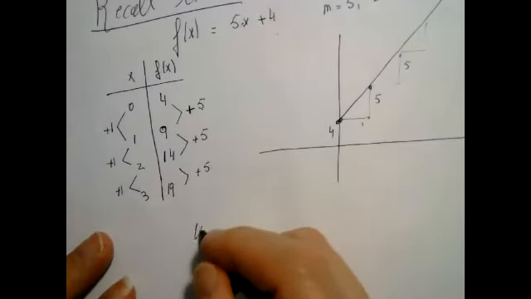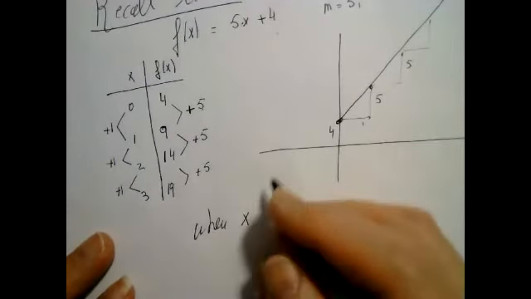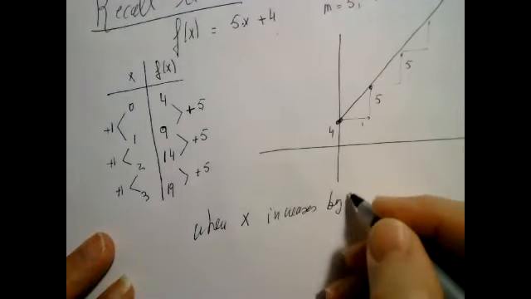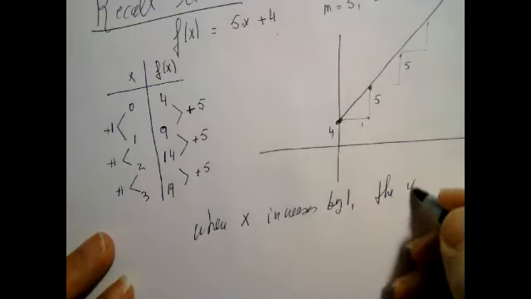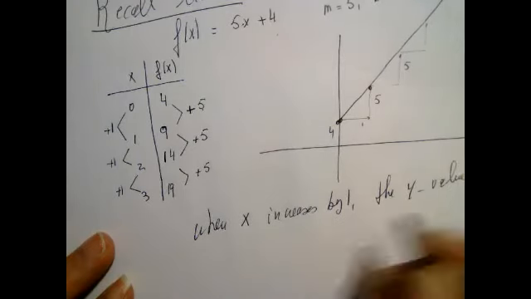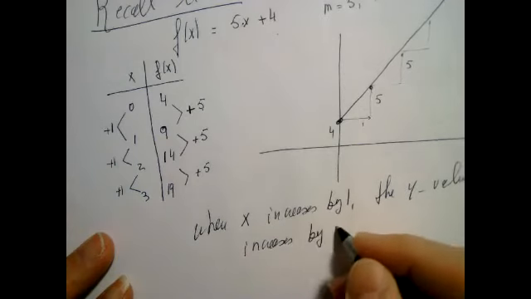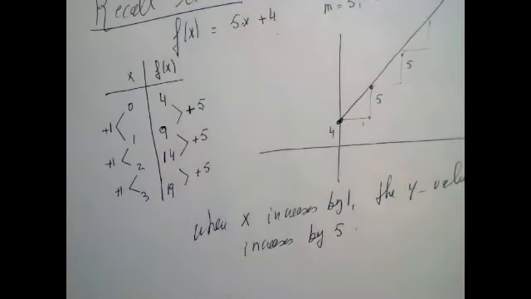So when x increases by 1, the y value increases by 5, which is the slope. If you have a table, that's really the behavior of the linear function.